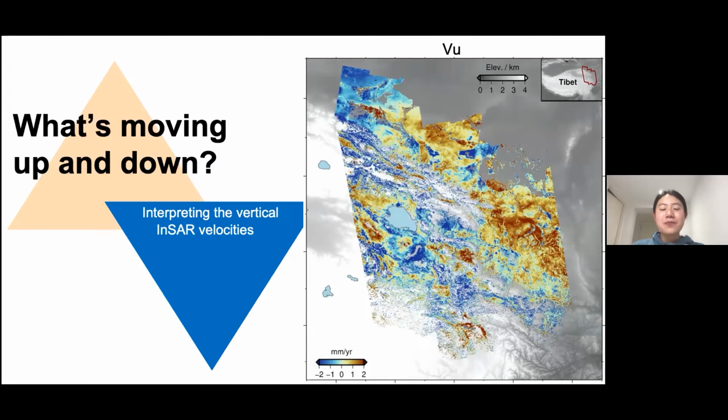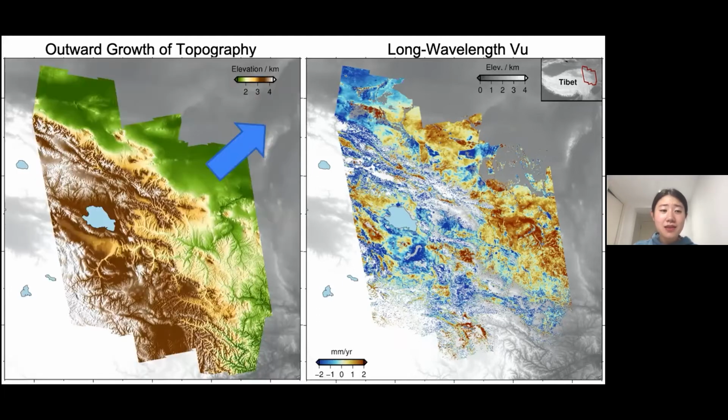Well, the main striking feature of the vertical velocities is that it really doesn't look like the east velocities, and a lot of the features are of much shorter wavelength than the east-west velocities. So let's compare it with something more familiar, first of all the topography.